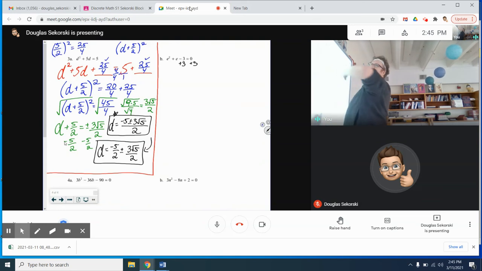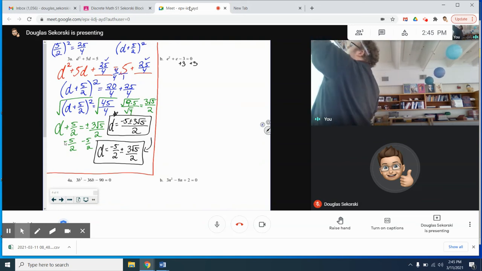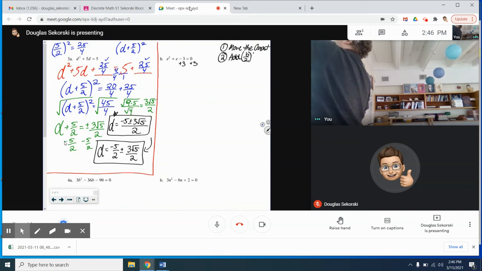So I'm moving the constant away, right? So number one, let's move the constant. Number two, you're going to add your b over 2 squared to both sides.